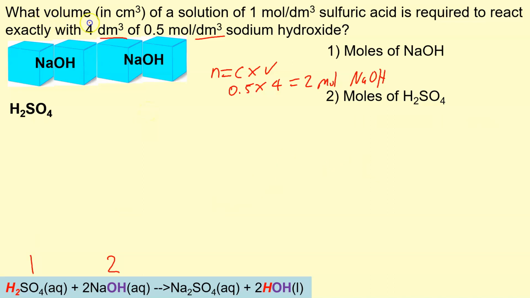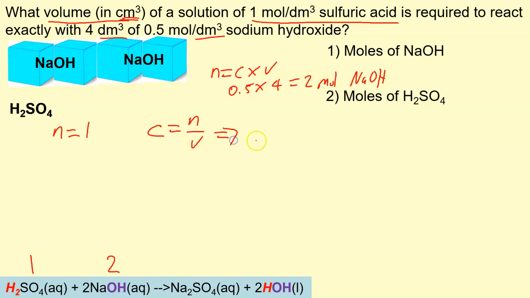It says what volume in centimeters cubed, so important to highlight the centimeters cubed, of 1 mole per decimeter cubed sulfuric acid will react with this. Now, we've worked out the number of moles is 1 because we've got 1 mole of sulfuric acid. The equation for concentration is moles divided by volume.